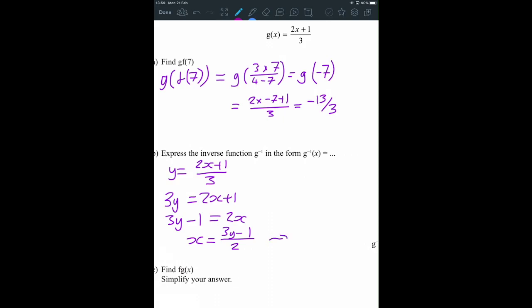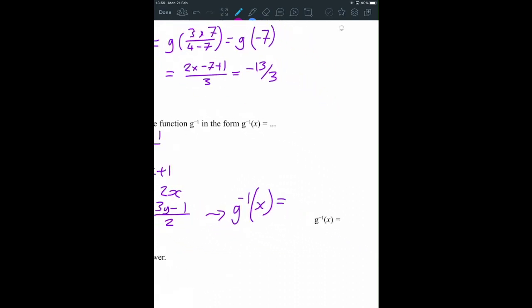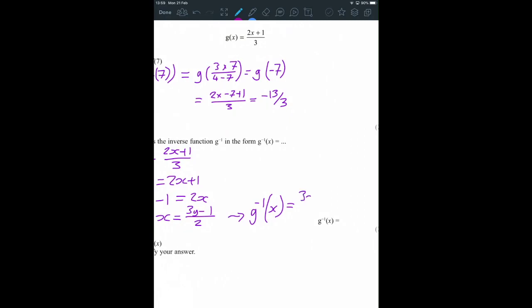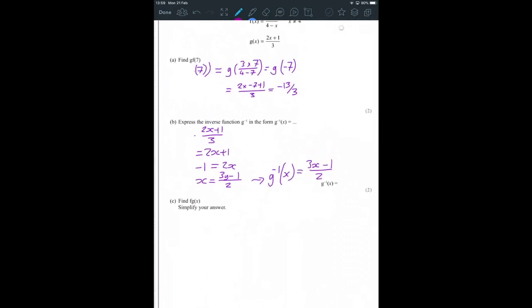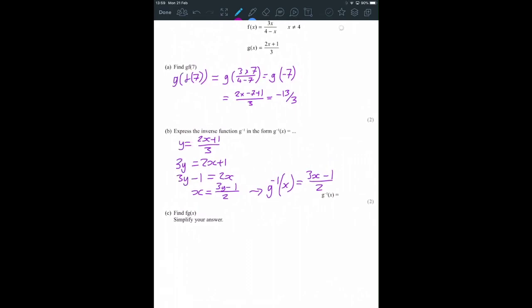And here is where the swap's going to happen for me. So g inverse of x, I'm not going to write 3y, because I have to be in terms of x, so I've swapped the x and the y there. 3x minus 1 over 2. Find fg of x. Notice this is a different order from the first part, and we're in terms of x.